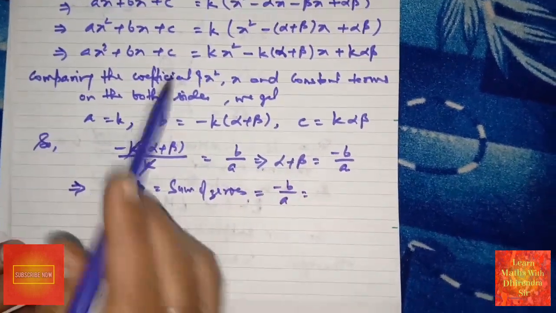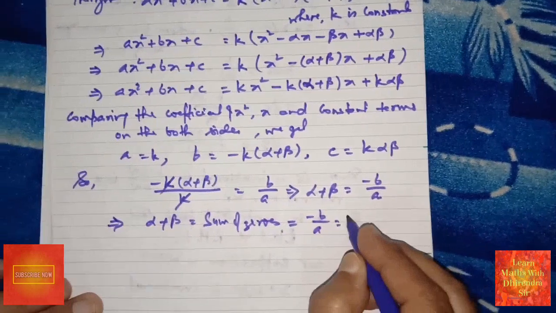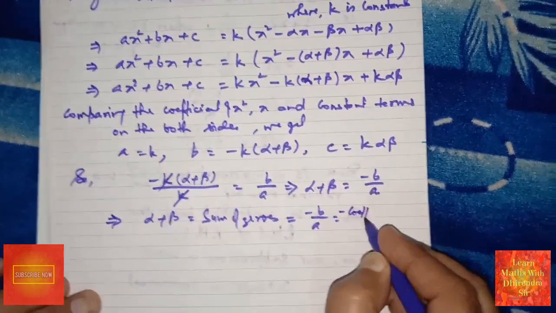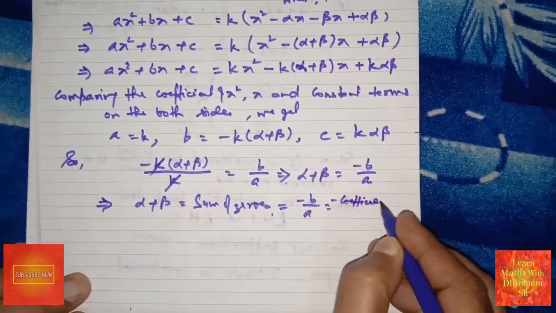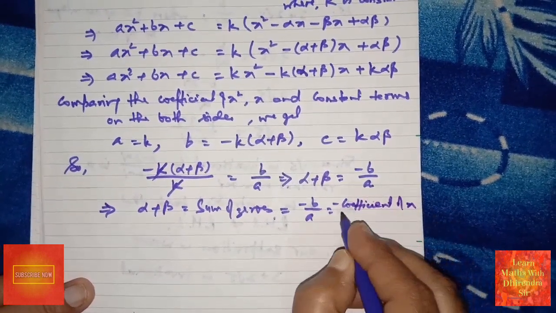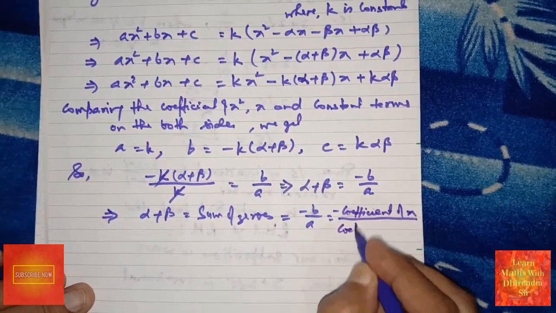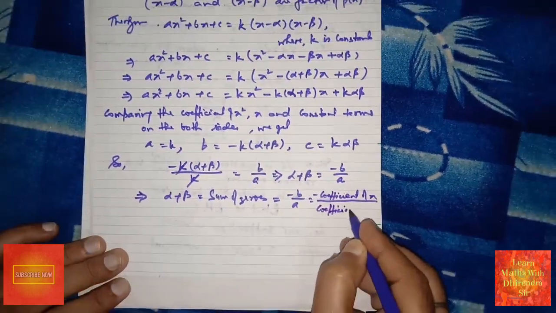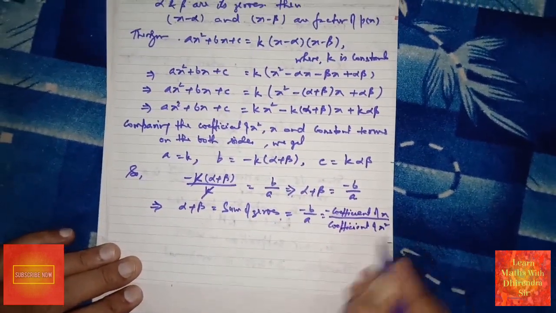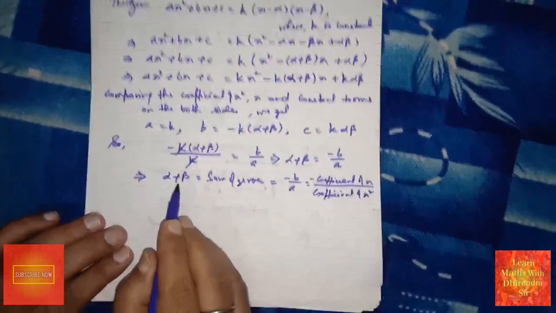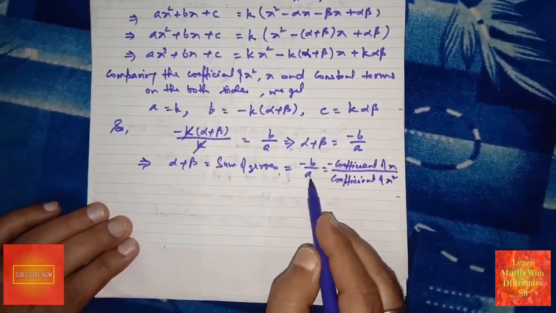You know what b is? b is the coefficient of x, and a is the coefficient of x square. It is very clear. Means sum of zeros is equal to minus b upon a.